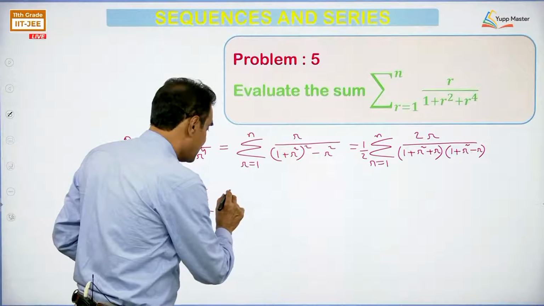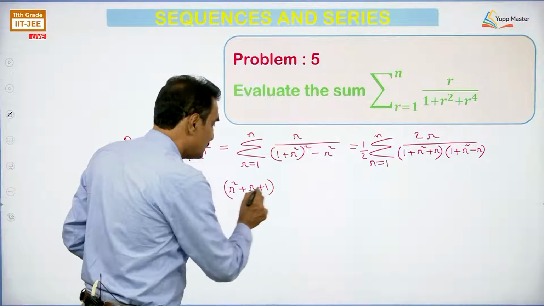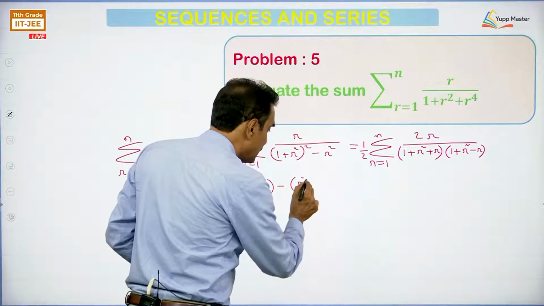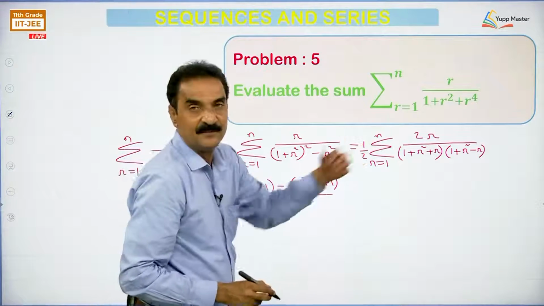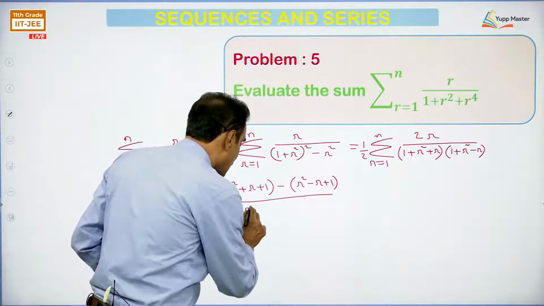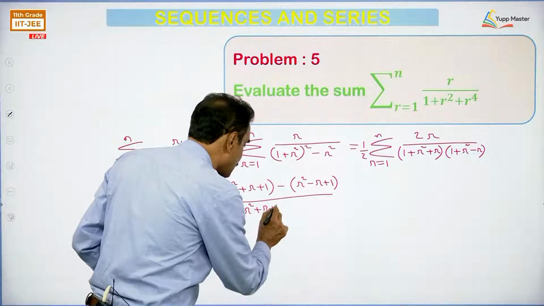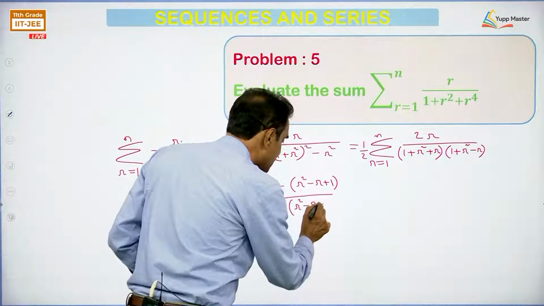I will write it in decreasing order of powers, r square plus r plus 1 minus of r square minus r plus 1. This is 2r only, divided by r square plus r plus 1 into r square minus r plus 1.